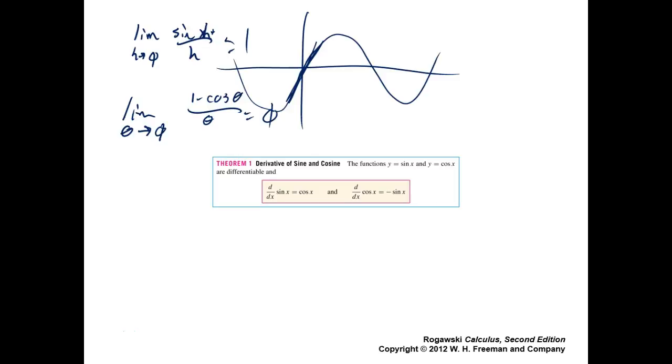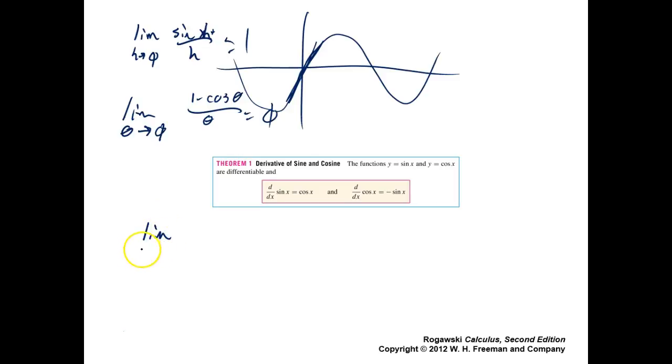Now, what we're doing now is the derivative of sine. And what is our definition of the derivative? The limit. We're going back to limits. I know you wanted to.